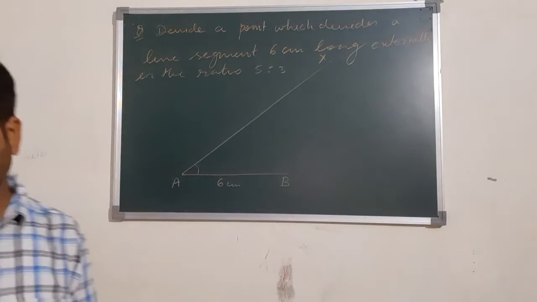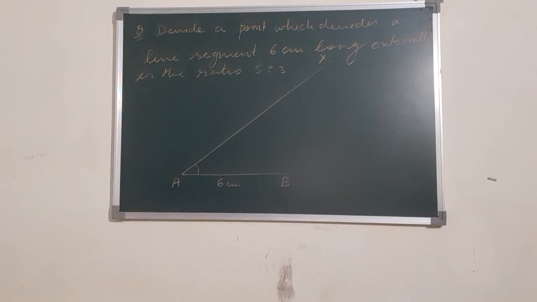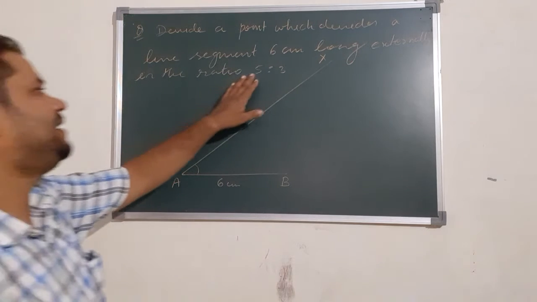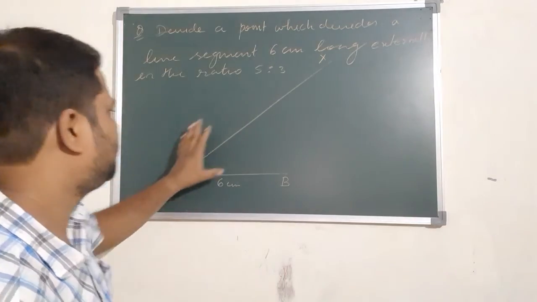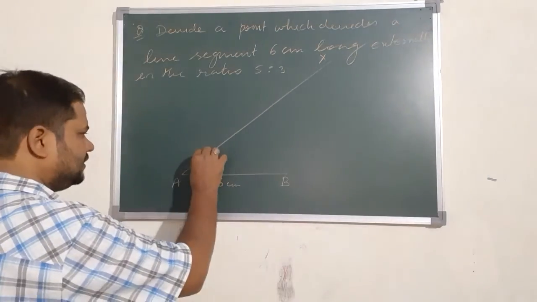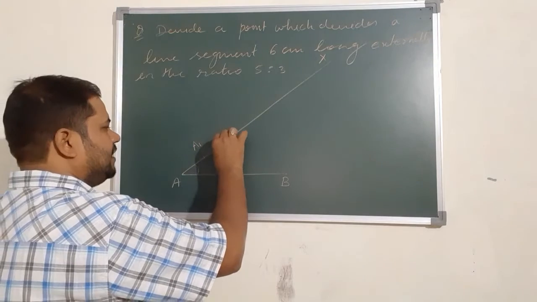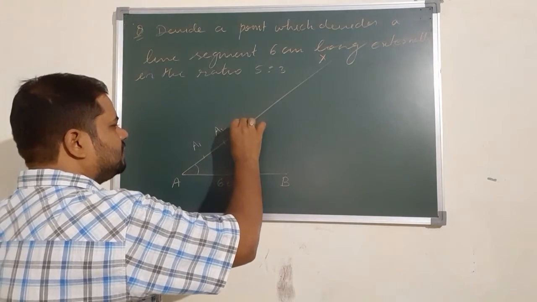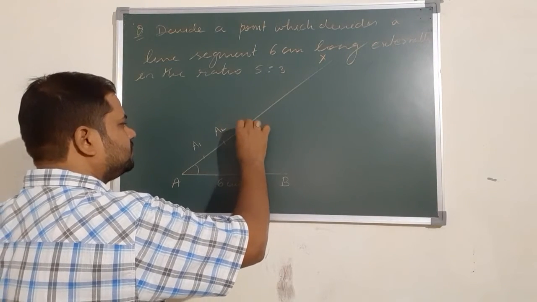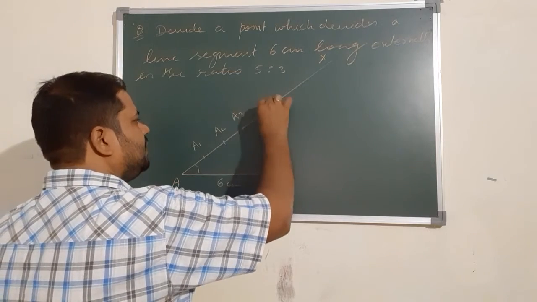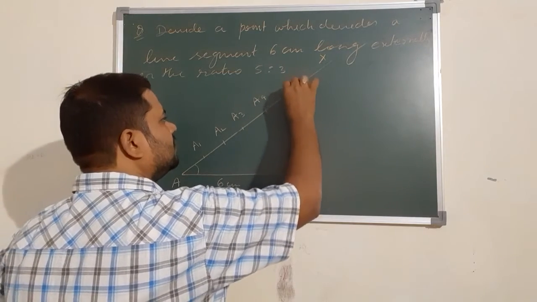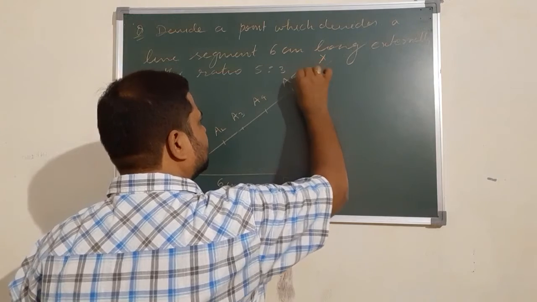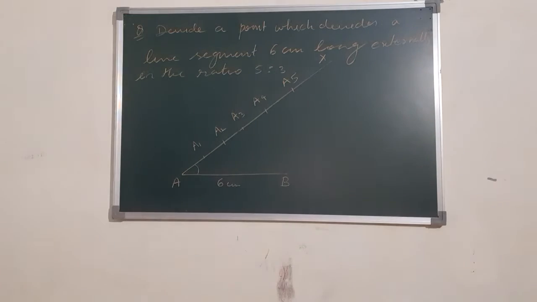Along AX, mark 5 points, because 5 is greater, such that A1A2 is equal to A2A3, A3A4 and A4A5.